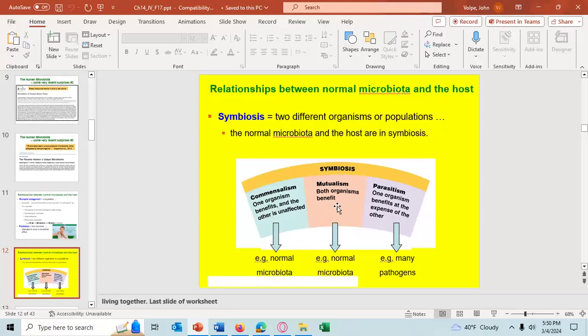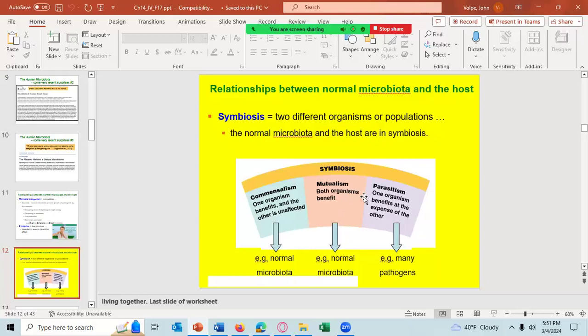And that's a mutualistic symbiotic relationship. And there's some normal microbiota that engage in a mutualistic relationship with us. Like I said, many of the skin normal microbiota, at least at times when they're competing with a human pathogen, that would be benefiting us.